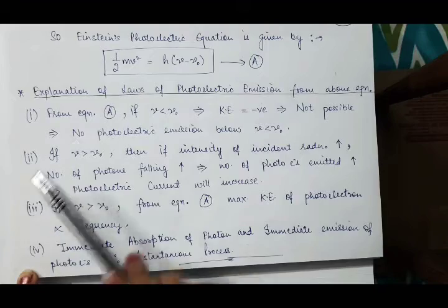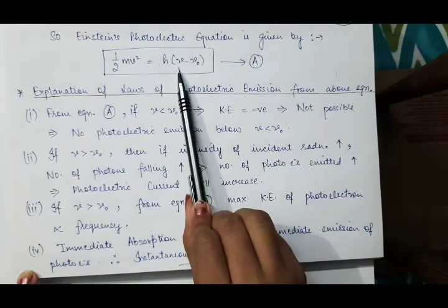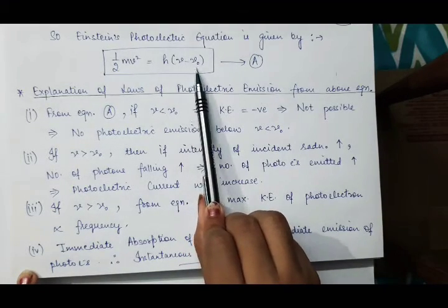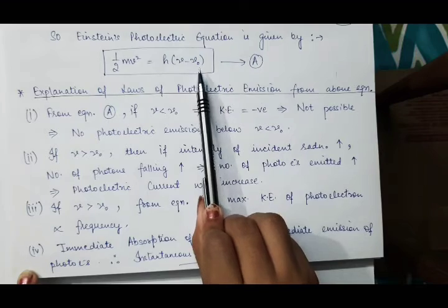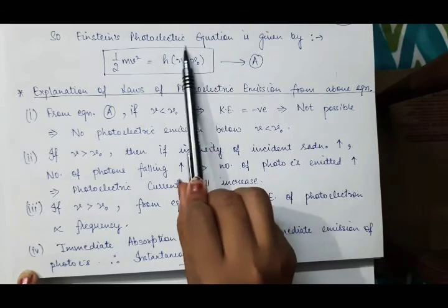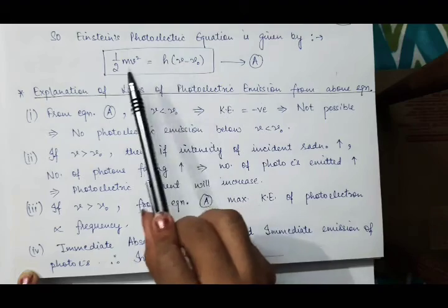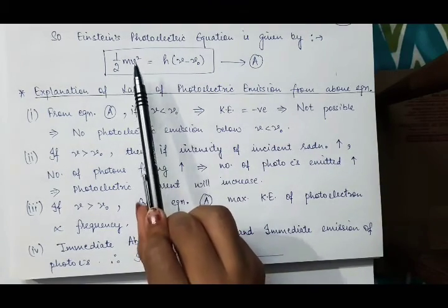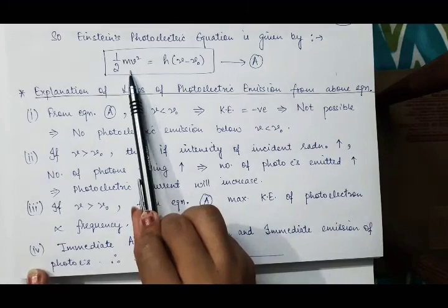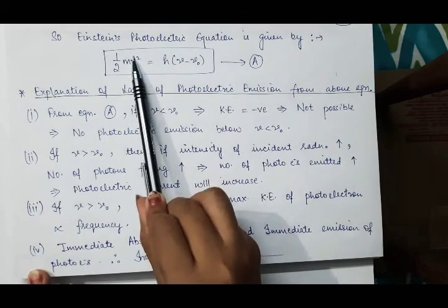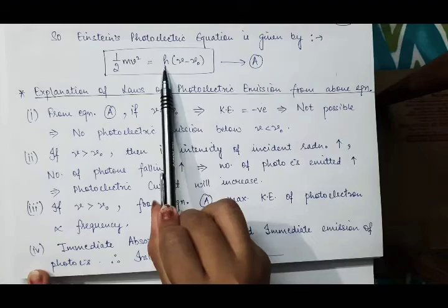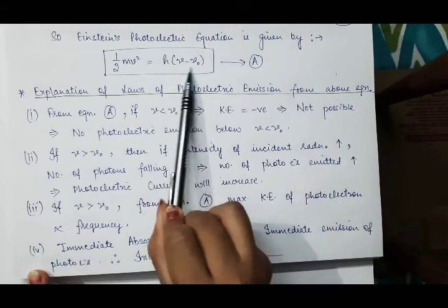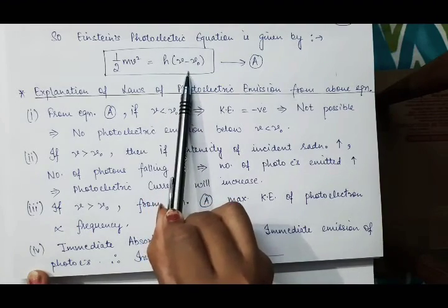Now the second case is when the frequency of the incident photon is greater than the threshold frequency. In that case the right hand side will be positive. It means the kinetic energy of the emitted electron is positive. And from this equation you can clearly see that the kinetic energy of the emitted electron, because h is constant, is directly proportional to the frequency of the incident photon.